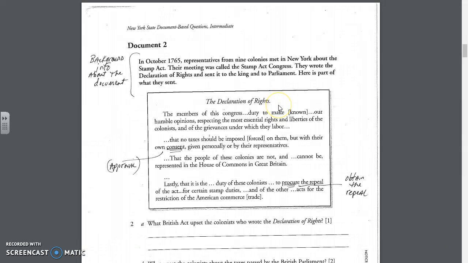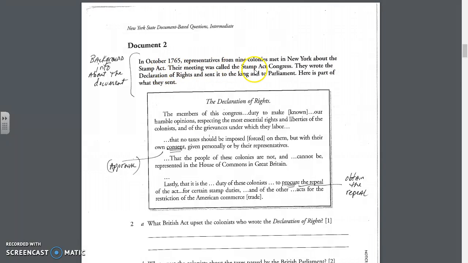Also over Thanksgiving break, I would like you to attack document number 2, which is titled the Declaration of Rights. And up here above the actual document, you have background information about this particular document. It provides information stating that on October 8, 1765, representatives from 9 colonies met in New York about the Stamp Act.